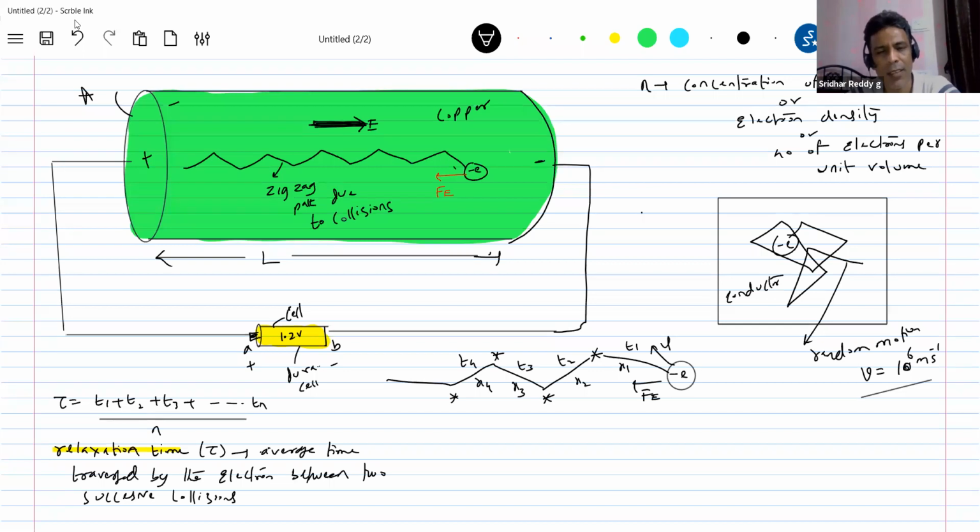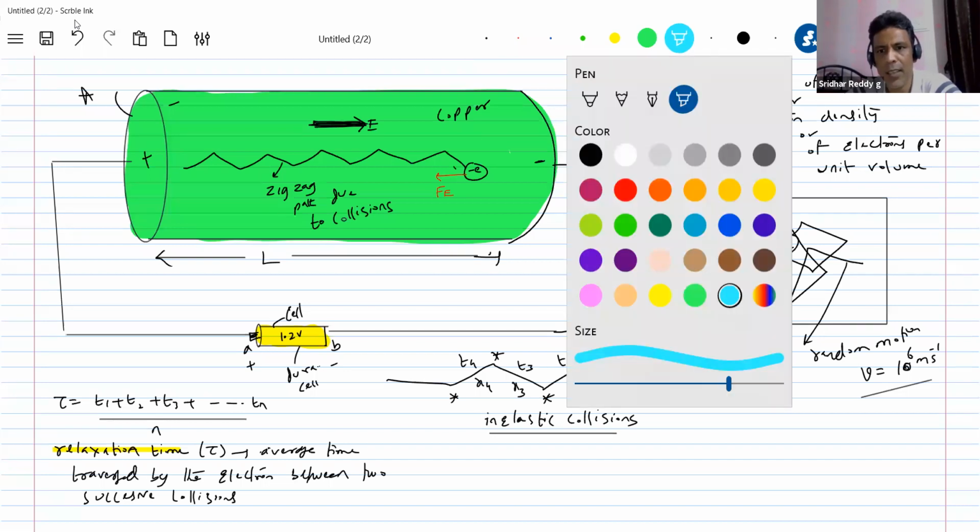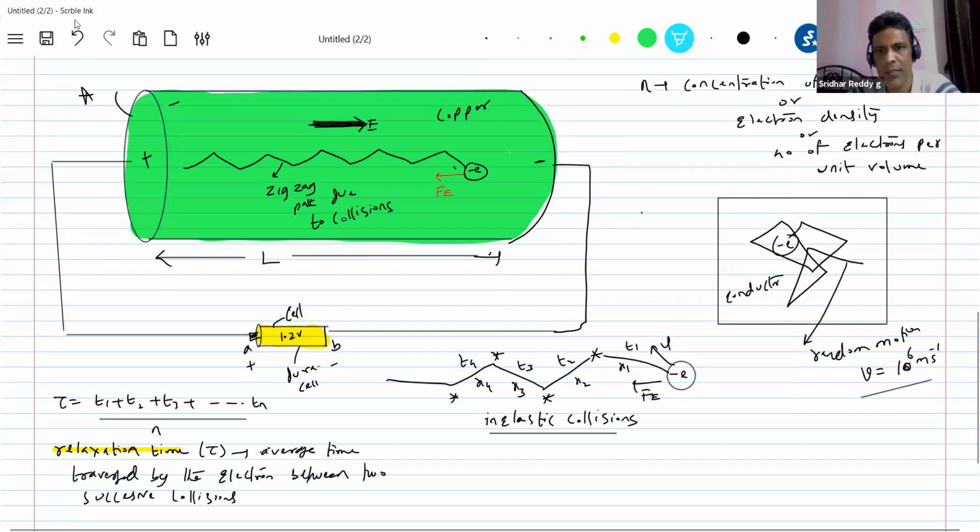What type of collision is it? Elastic or inelastic collision? Electron here encounters inelastic collisions. So this data is very important. All the collisions encountered by the electron inside the conductor are inelastic in nature.